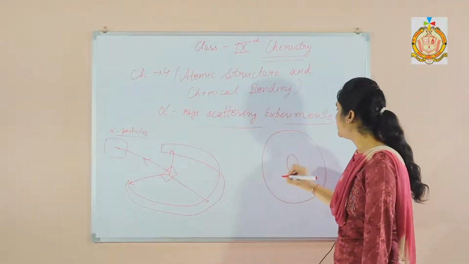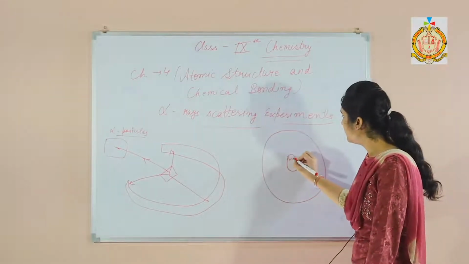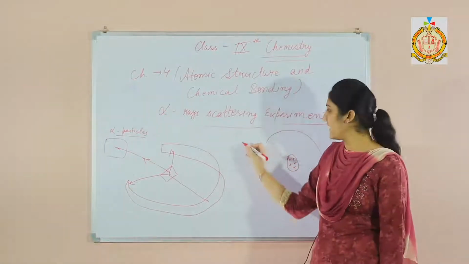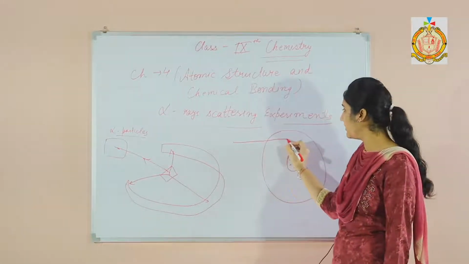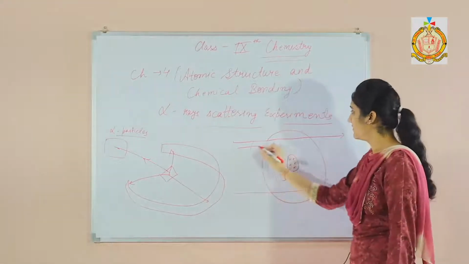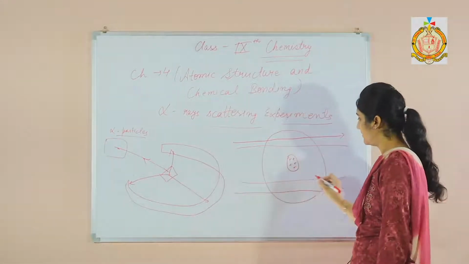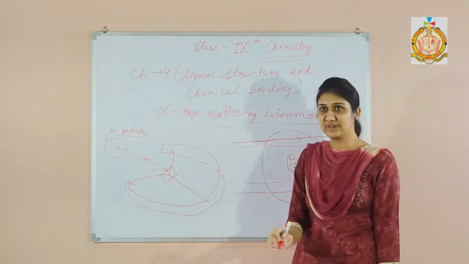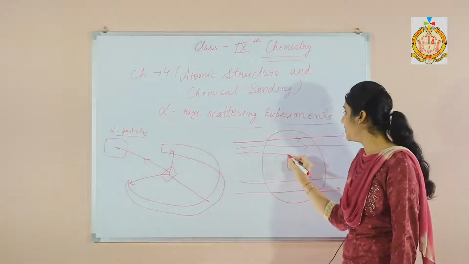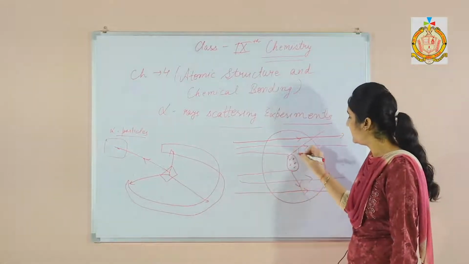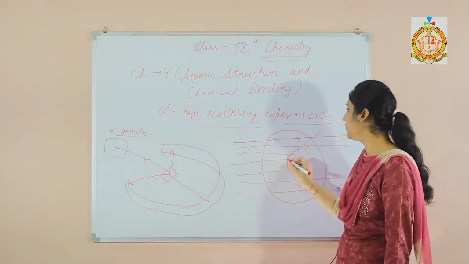According to his observations, if this is the positive nucleus and alpha rays are coming from here, most of the alpha rays passed through the atom. Some of the alpha rays deflected from their path and very few bounced back.